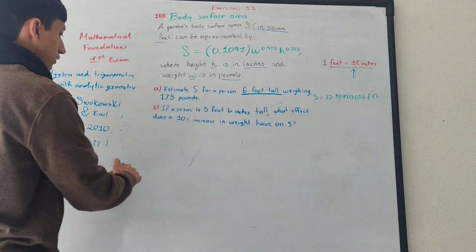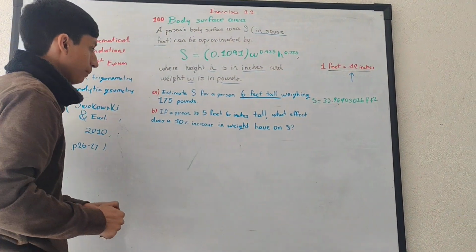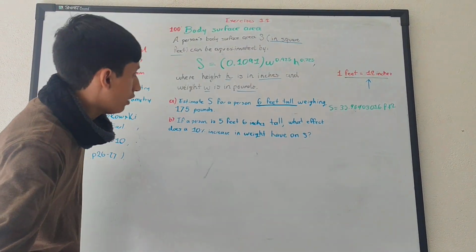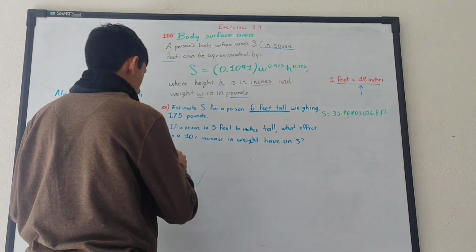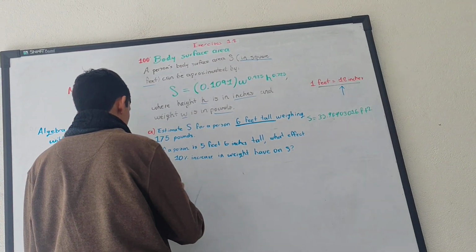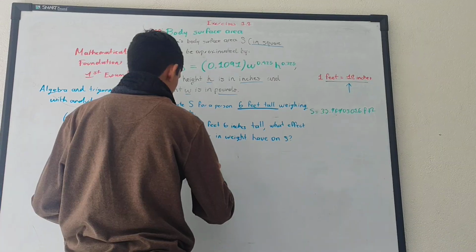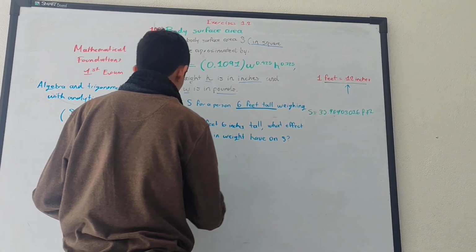Okay. So I'm going to erase again right here, and now this is exercise B. If a person is 5 feet 6 inches tall, we must convert again. So 1 foot is equal to 12 inches.